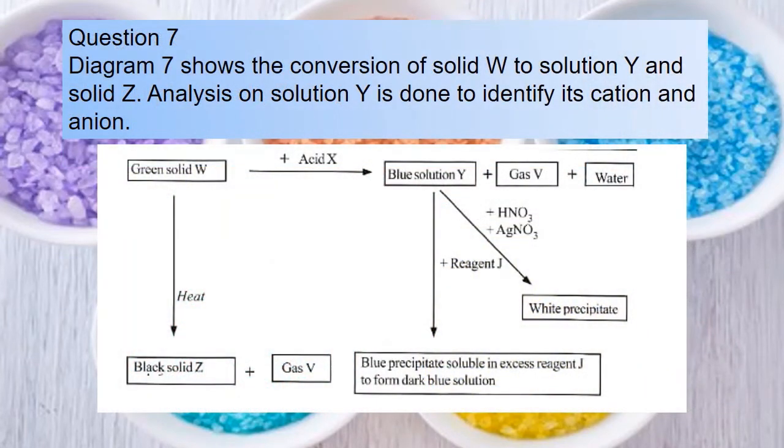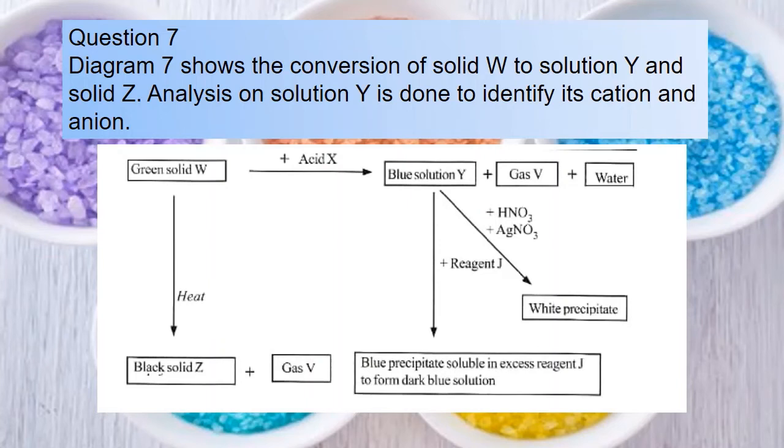Question 7. Diagram 7 shows the conversion of solid W to solution Y and solid Z. Analysis on solution Y is done to identify its cation and anion. Green solid W reacts with acid X to produce blue solution Y and gas V and water.